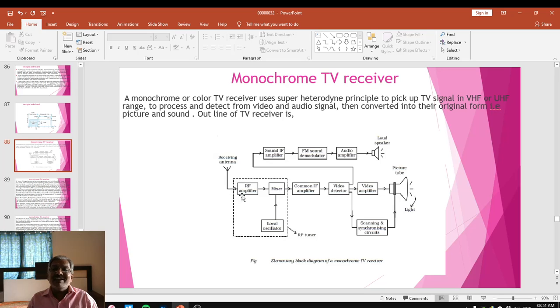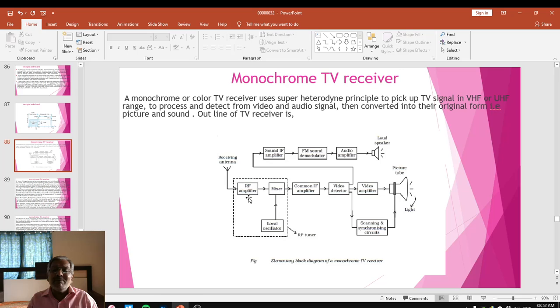To perform this action, the RF amplifier makes use of series and parallel resonant circuitries. Series resonance circuitry accepts only the wanted frequency, and parallel resonating circuitry is used to reject the unwanted frequencies.